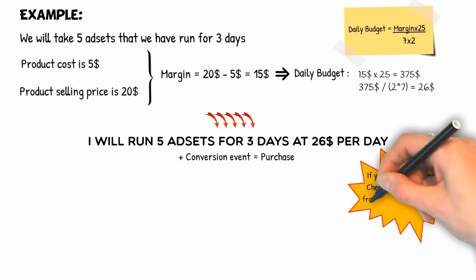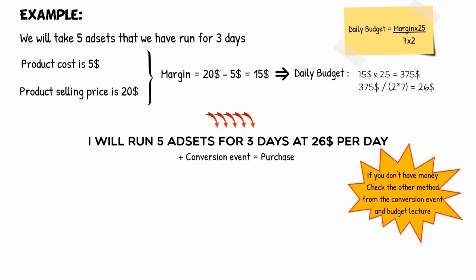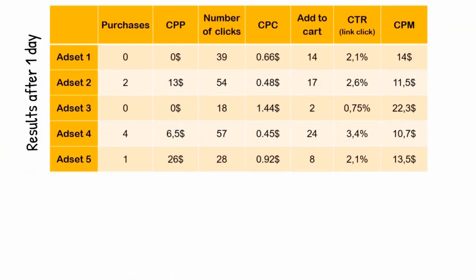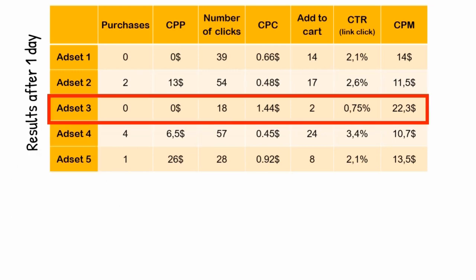I know a lot of you don't have this budget. That's why you can choose the other method I have given you in the budget lecture before. Let's analyze the results after 1 day. So the first thing we have to do is to look at ad set number 3.